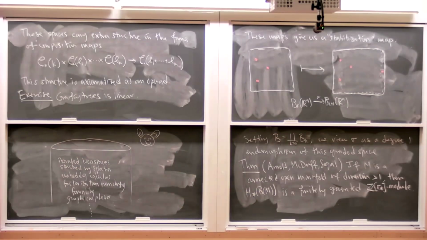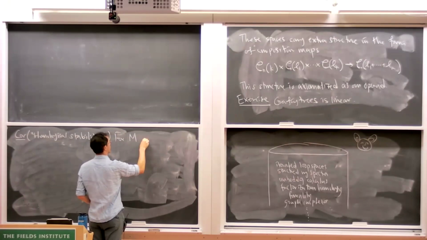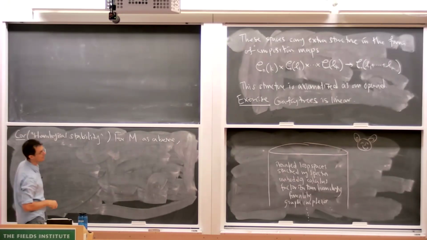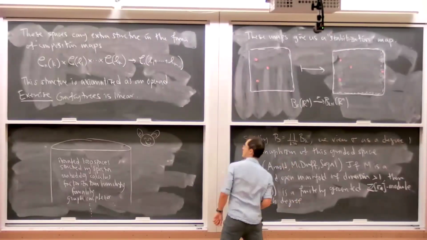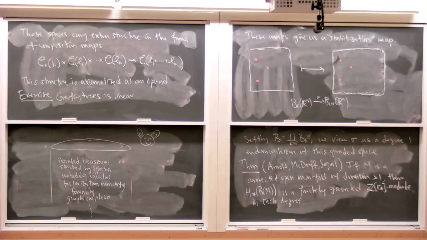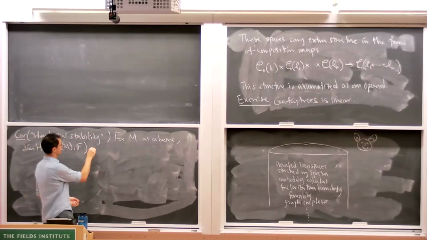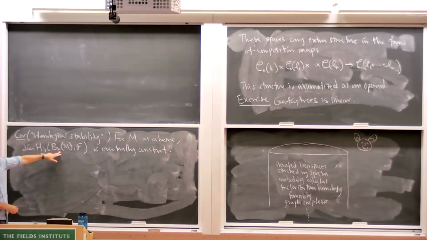As a corollary, we have what's called homological stability, which is how those people actually phrase this: for a manifold as above, and I should have said that this is finitely generated in each homological degree, the dimension of the homology of the unordered configuration space, with whatever field coefficients you want, is eventually constant as a function of k, the number of particles.